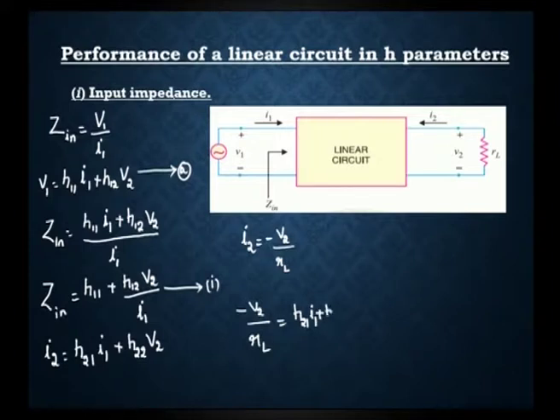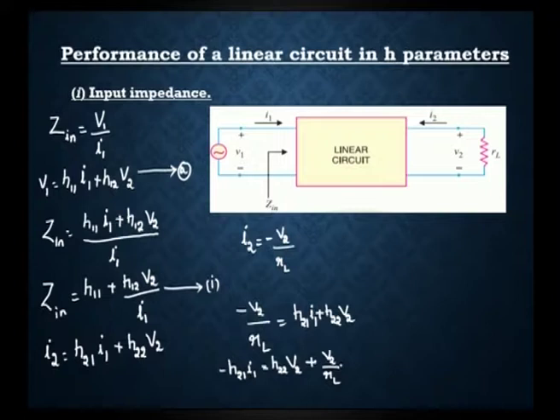plus H22 V2. We can also rearrange this expression as minus H21 I1 is equal to H22 V2 plus V2 divided by RL.